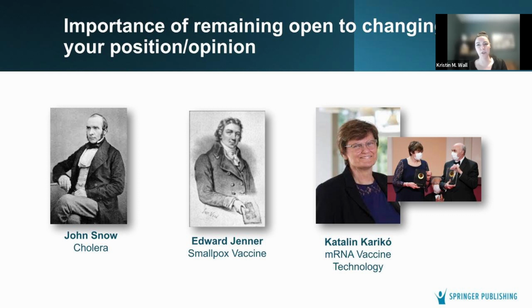As another example, Edward Jenner conducted work in the late 1700s on inoculation to prevent smallpox. And many people at the time ridiculed his methods, where he was basically using cowpox material to inoculate people against smallpox.